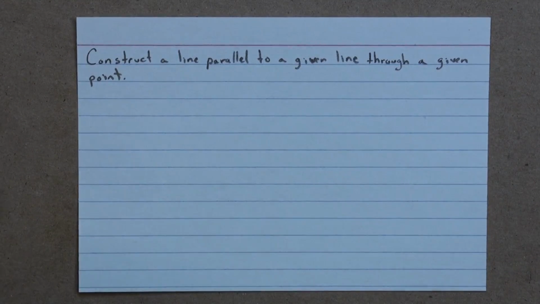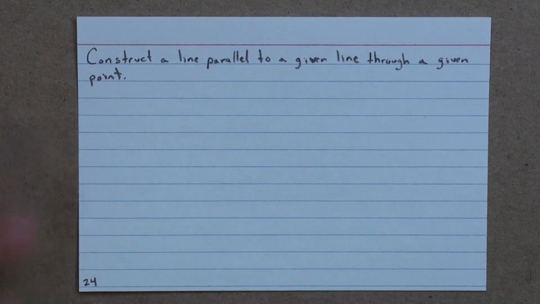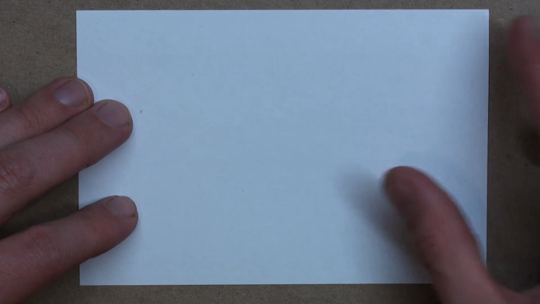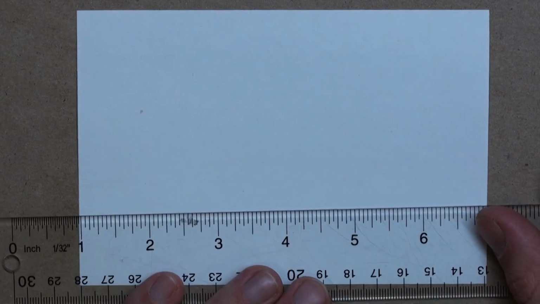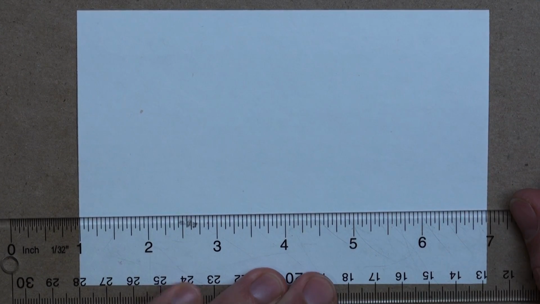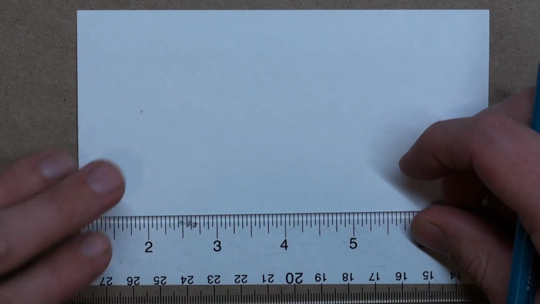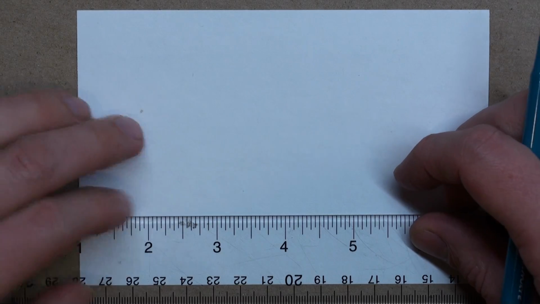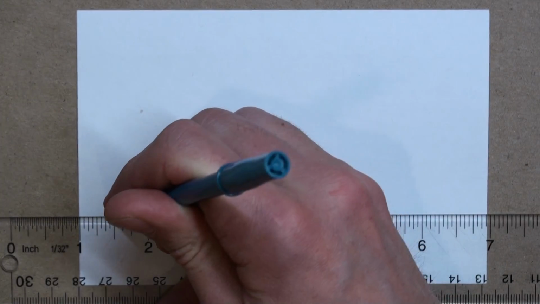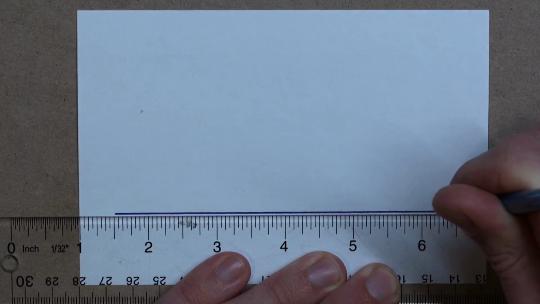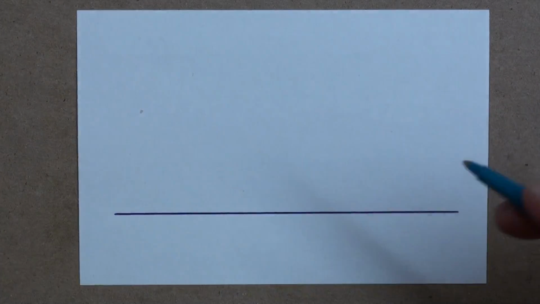Okay, and this is number 24. So let's turn it over and do that. So let's say we have a given line. I'm going to draw this in pen because it's the given line. I'm going to go most of the length of the card.